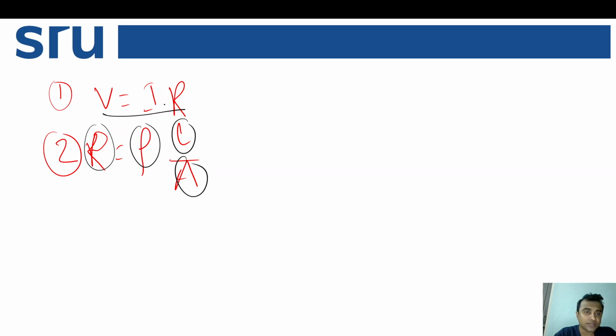Across the two equations, if you get the other quantities, you can calculate the remaining one.